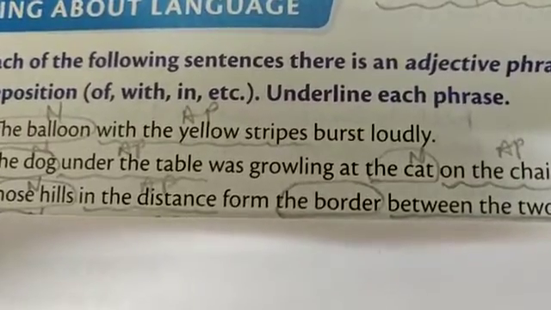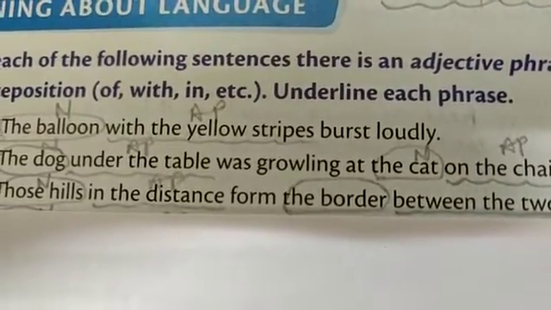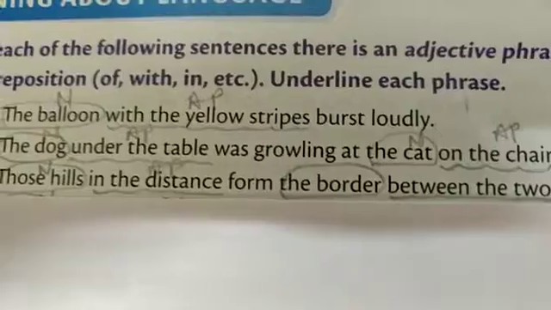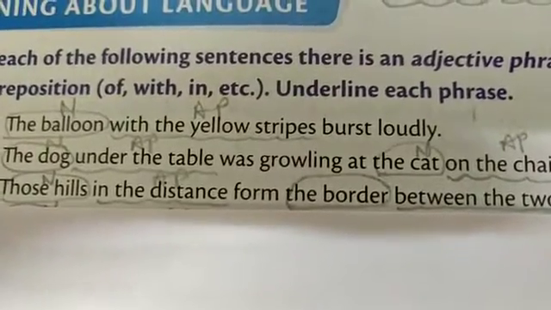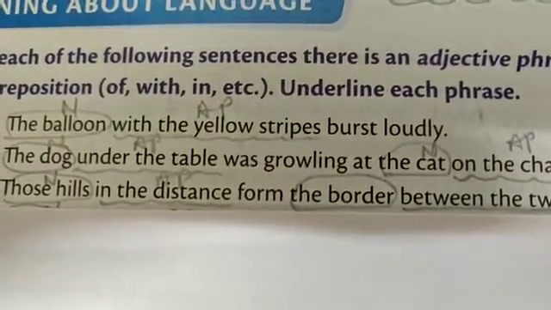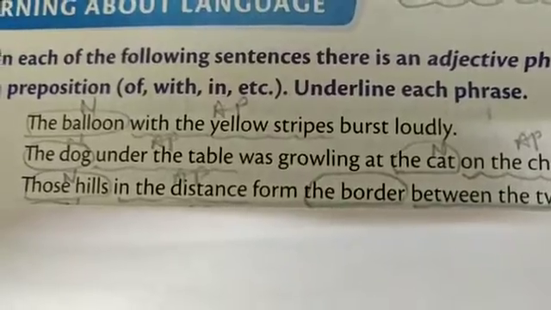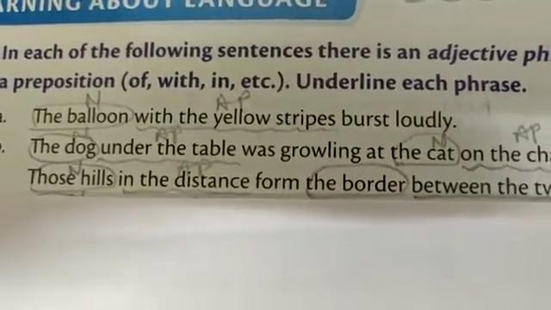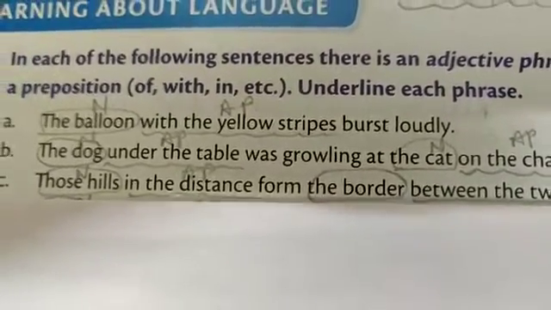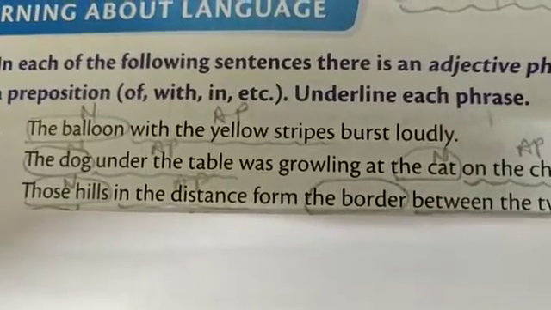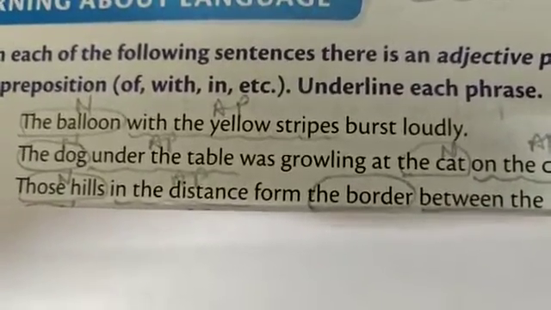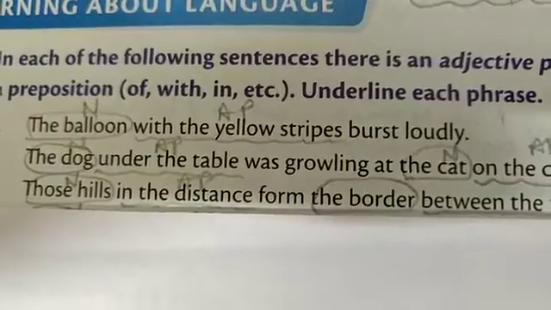We see under is a preposition, right? And it is showing the relationship between the dog and the table. So under the table is a prepositional phrase, which is also an adjective phrase because it qualifies the noun. Which noun over here? The dog.